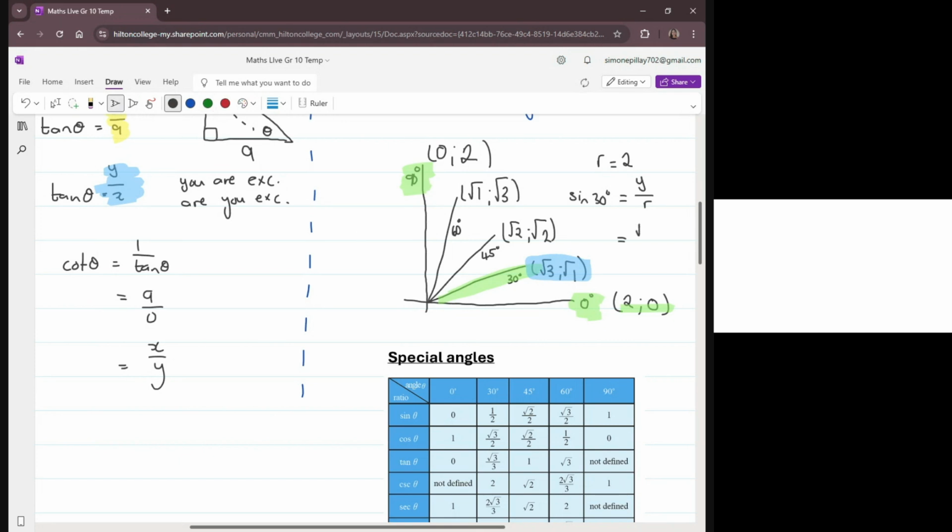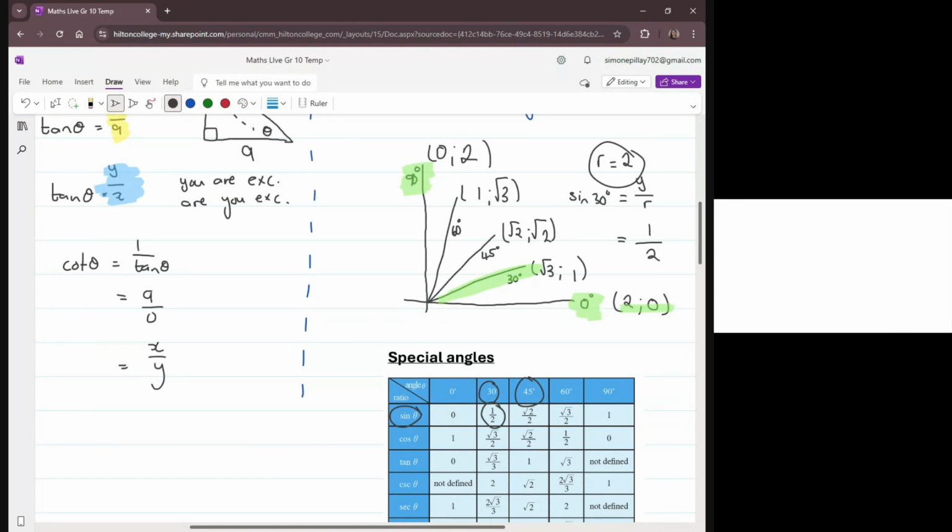My y value is root 1, and my r value, remember, is always going to be 2. Oh yes, by the way, the square root of 1 is just 1. So you'll see now here we have a half, and if you look at sine 30 degrees, it gives you a half. You can do it for every single one.